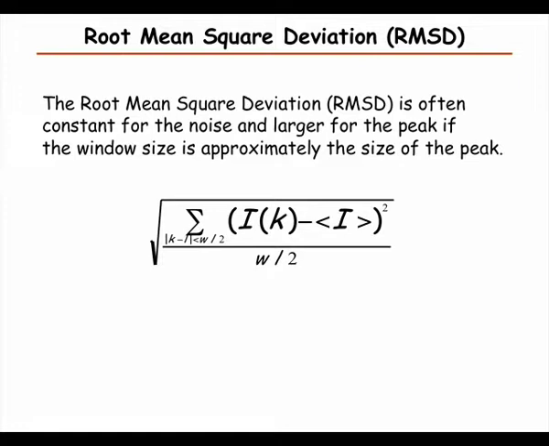One thing that is often applied to a signal is the root mean square deviation. So we can use this. We define a bin size, and then we calculate this function, which is just the root mean square deviation over the bin size.